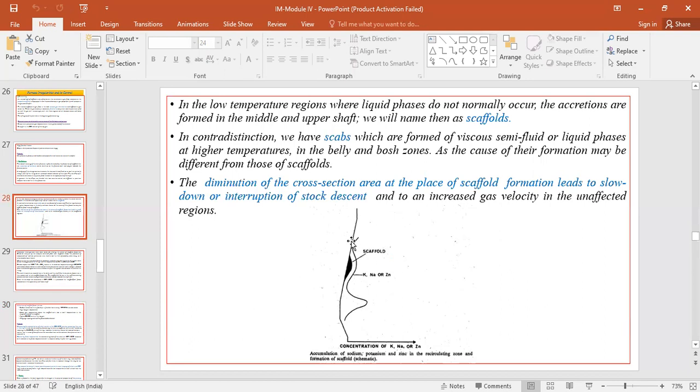And as the accumulation keeps increasing, at one point of time the solid aggregation that has formed will not bear the overload above it. So all of a sudden it will get detached from the furnace wall, and that is nothing but slipping.